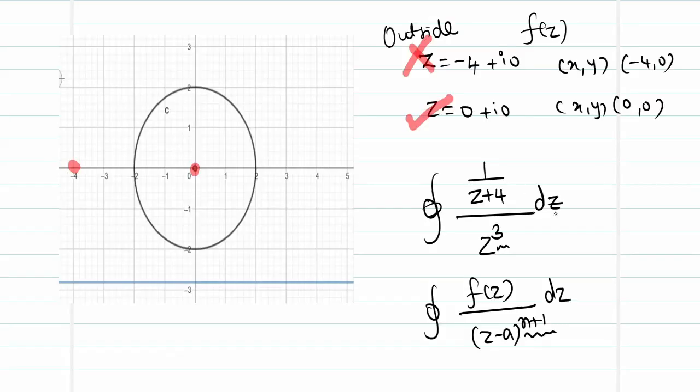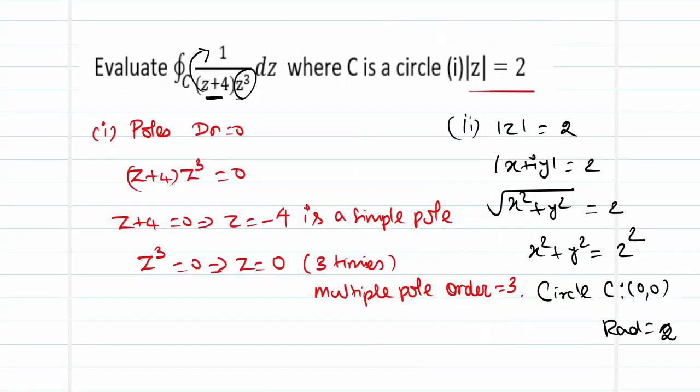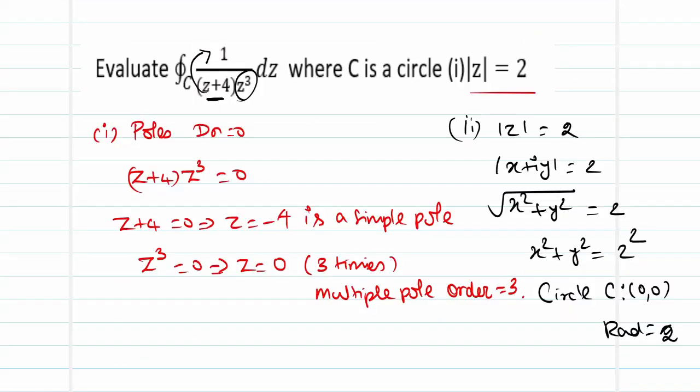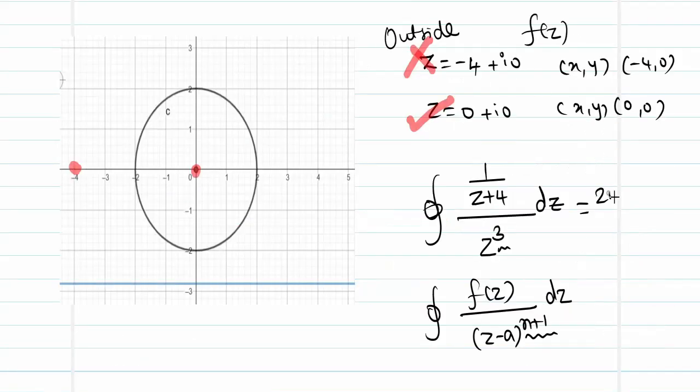Now go check out the formula for your derivative. The formula for the derivative says 2 pi i by n factorial f n of a. Copy paste it over here: 2 pi i divided by n factorial into f n of a.